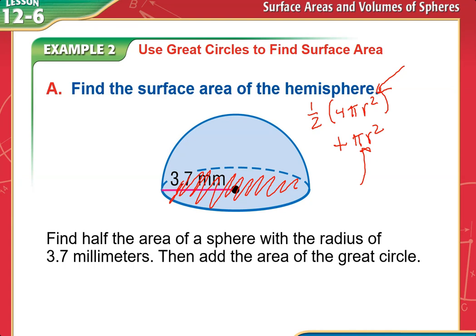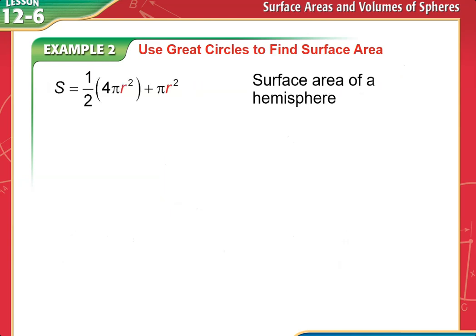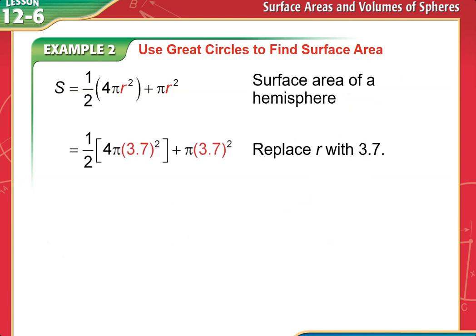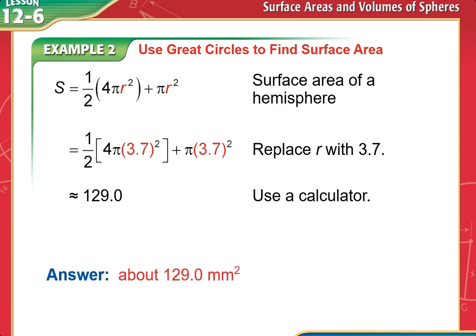So finding half the area of the sphere with a radius of 3.7 millimeters, and then we're going to add the area of the great circle. Using our calculator, 129 millimeters squared.